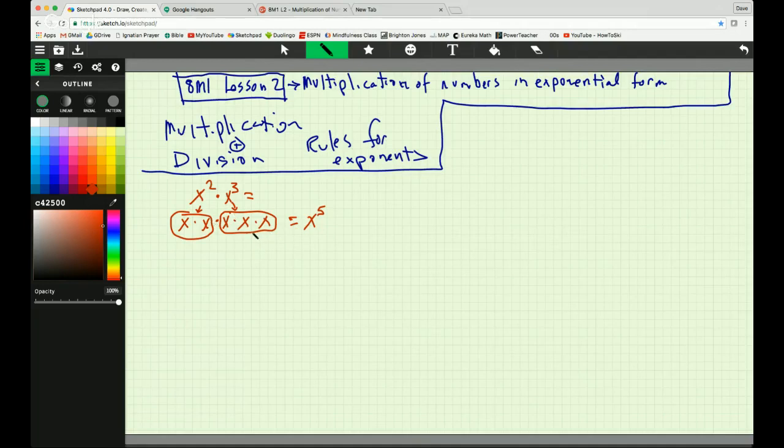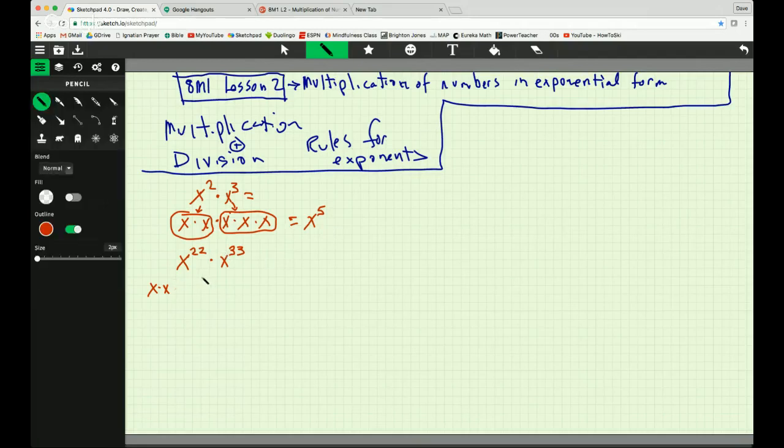But sometimes you don't want to break it down into its constituent components, because what if you're faced with this problem? X to the 22nd times x to the 33rd power. Well, this is an example where I don't want to sit here and write x times x times x 22 times and then write it again 33 times.